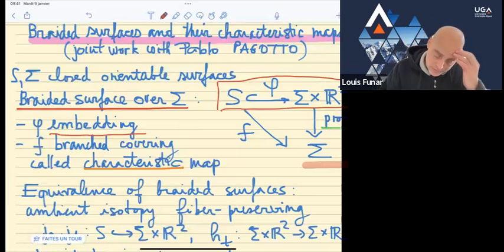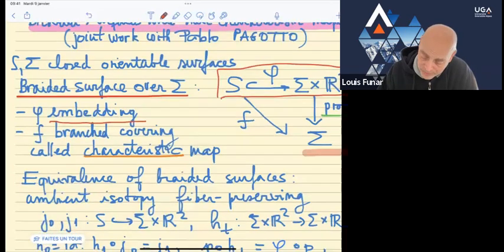This, of course, is the more general question. Instead of asking phi to be an embedding, we could ask it to be an immersion or whatever surface homeomorphism we would like.